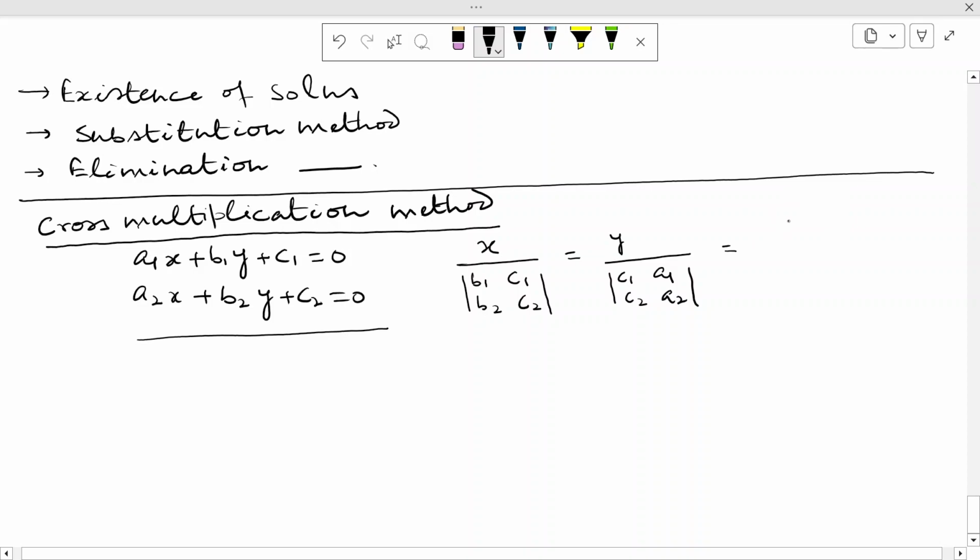And lastly we will have 1 upon, अब यहाँ पर हम constant coefficients यानी c1 c2 को consider नहीं करेंगे. This will be a1 a2 and b1 b2.